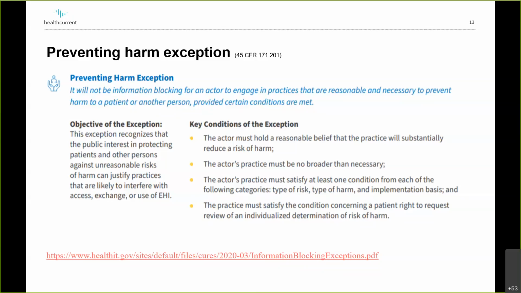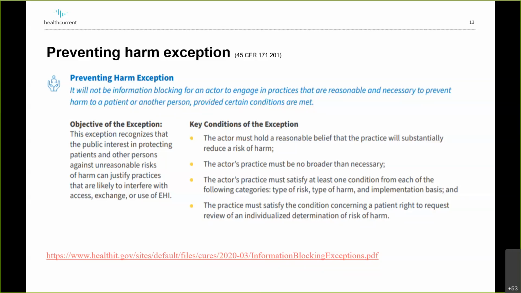Yes. So the timing component depends on what safe harbor you want to use or have available to you. So under the preventing harm safe harbor, if you wanted to rely on this one and you got an access request, the preventing harm exception doesn't actually have a timing component to it.